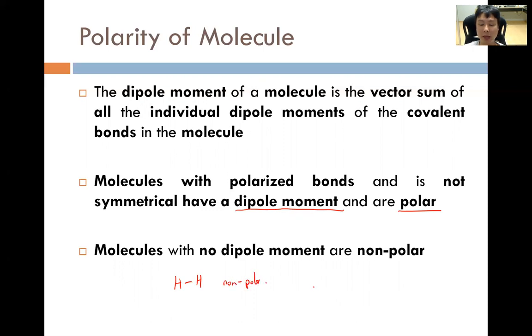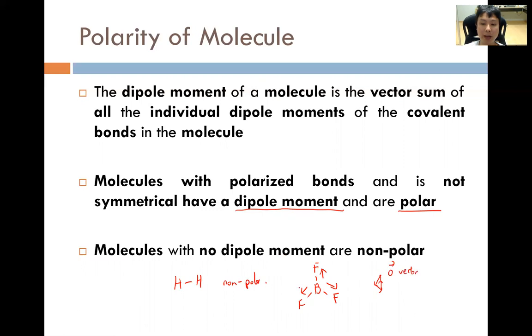On the other hand, you can have another case such as BF3. BF3 is different because fluorine is more electronegative than boron, which means that you draw three arrows, which are the three bond vectors. However, when you add these three bond vectors, you will go back to the starting point, and this will be a zero vector.